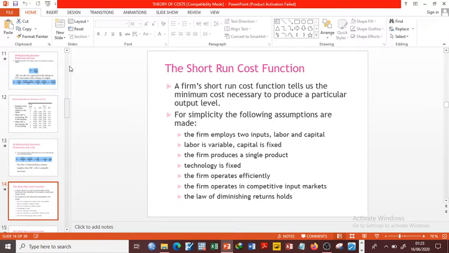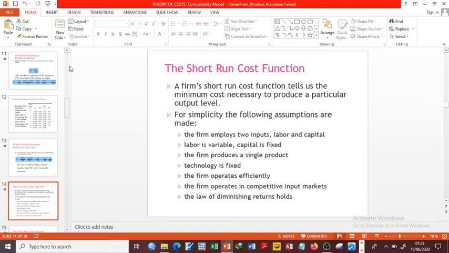Now, by definition, the law of diminishing returns says that as more units of a variable factor are added to a fixed factor, output will increase up to a certain level, beyond which any additional increase of a variable input to a fixed factor will lead to a reduction in output.